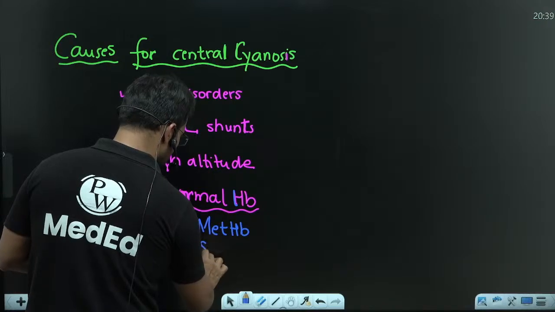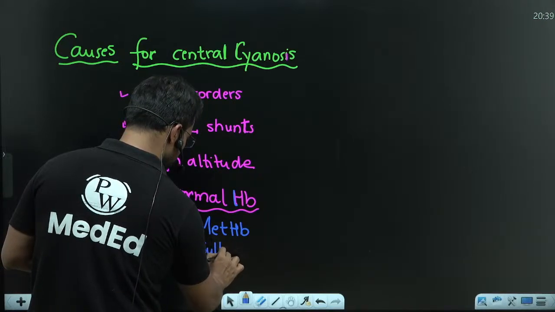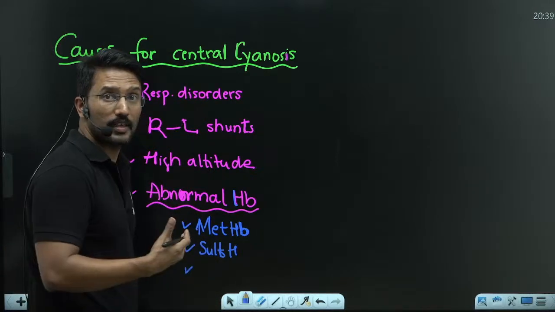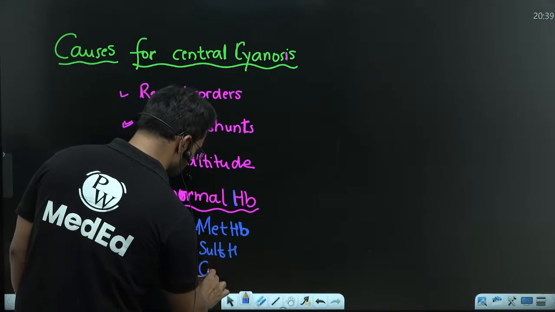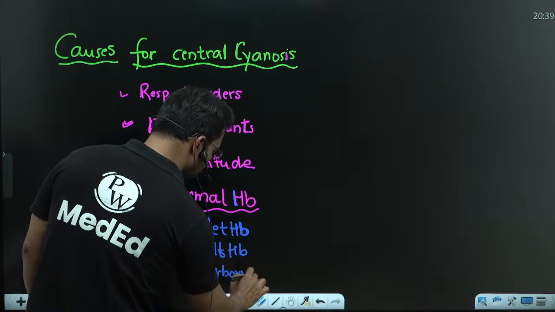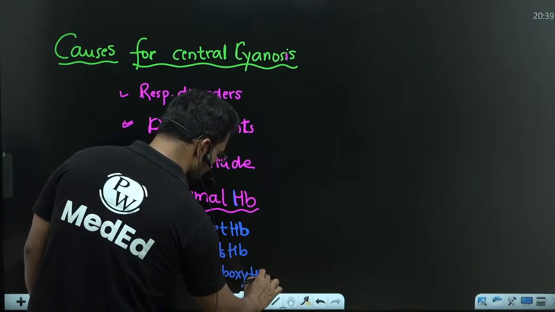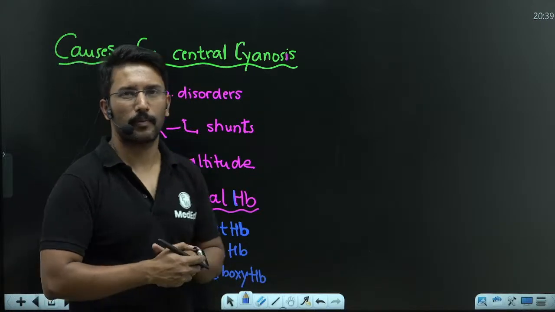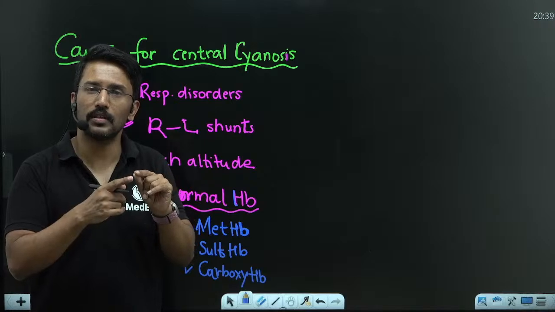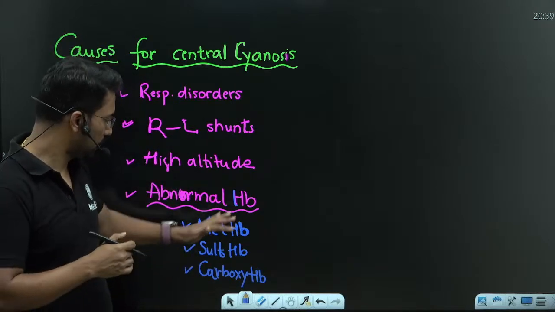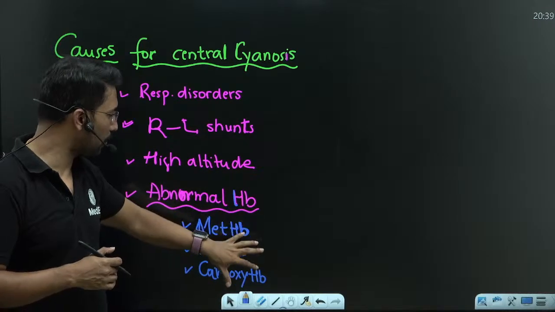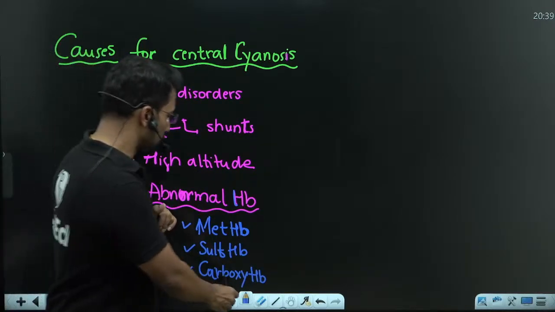Then you have sulfhemoglobinemia, and then carbon monoxide poisoning, right? We call it carboxyhemoglobinemia. Carboxyhemoglobinemia is often considered pseudocyanosis because there is no increased amount of reduced hemoglobin. It is the carboxyhemoglobin which is giving rise to the discoloration. So these are abnormal hemoglobins. Apart from other causes for hypoxemia, abnormal hemoglobin can also cause central cyanosis.